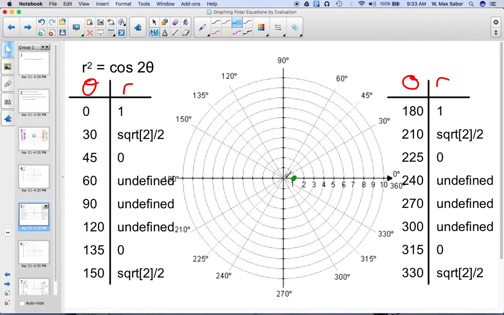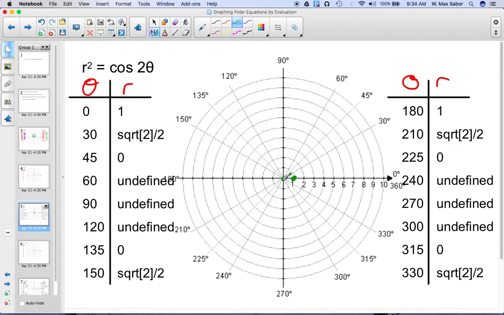We have square root of 2 over 2. We have 0, and then it gets undefined between 60 and 120. That's interesting, but there shouldn't be any points between 60 and 120, or more appropriately between 45 and 135.